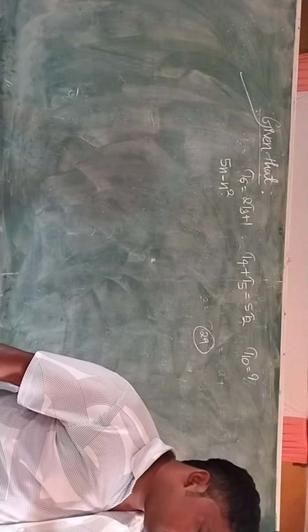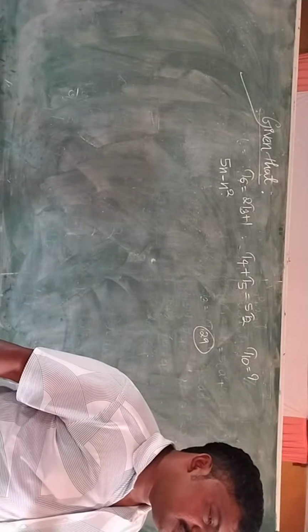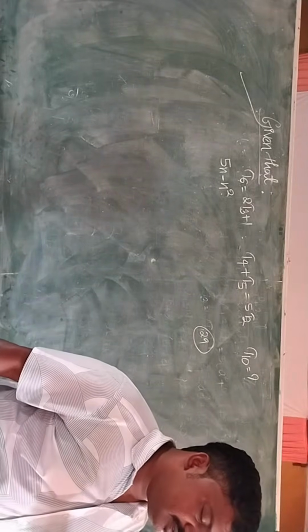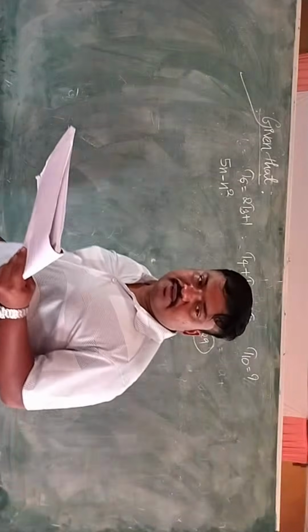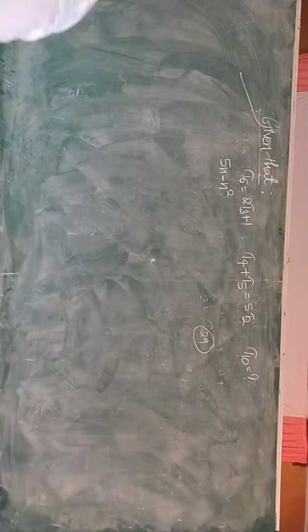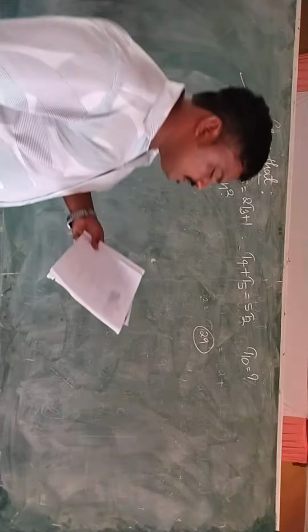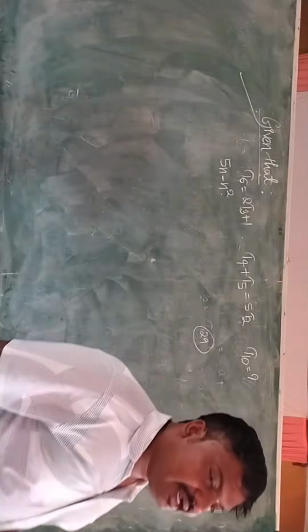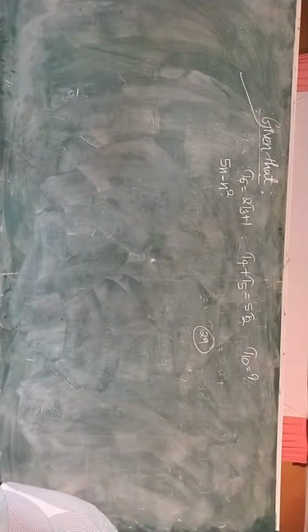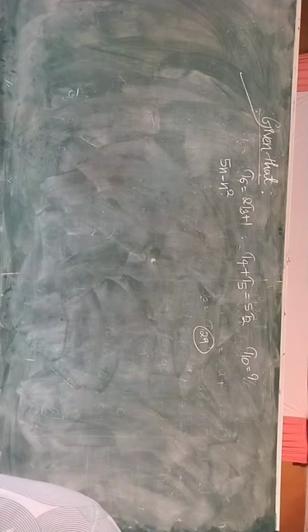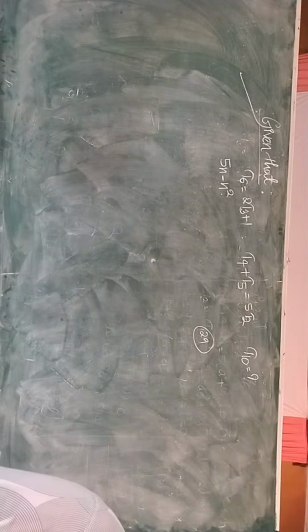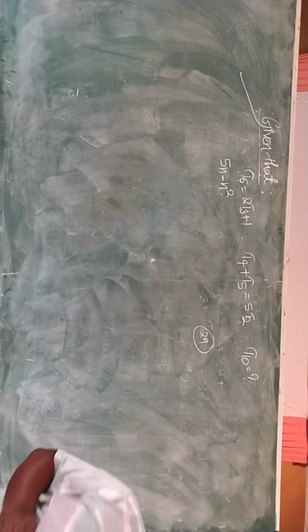Write the progression. Find the 21st term. And also find the sum of first 21 terms of the progression.